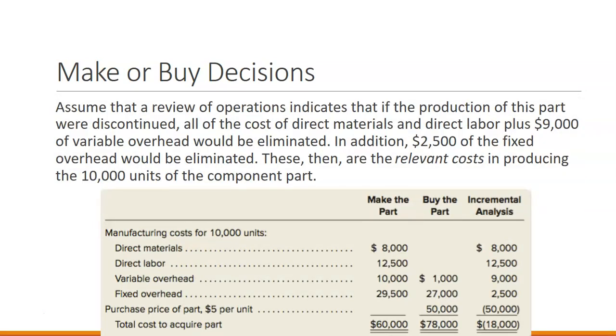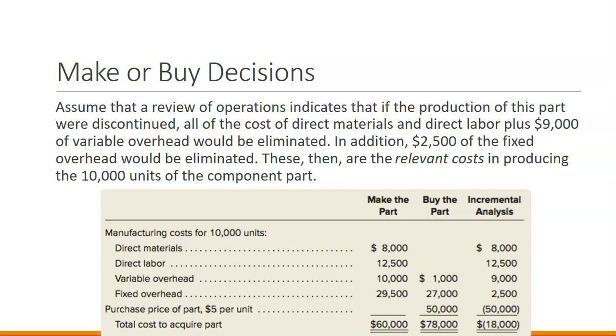So when we break it down into the relevant costs, we have our decision to make the part or our decision to buy the part, and then the incremental analysis. So if we make the part, we have direct materials, direct labor, variable overhead, and fixed overhead.